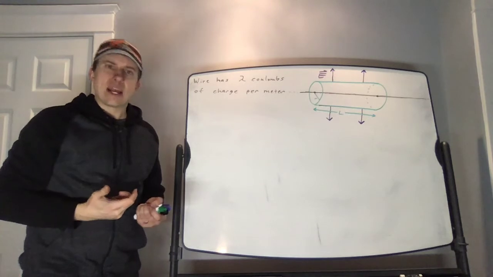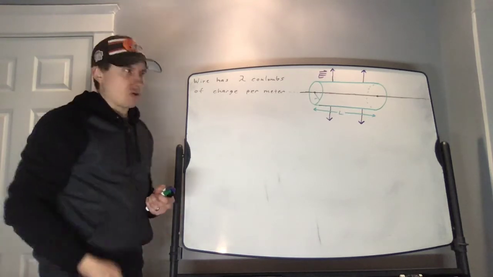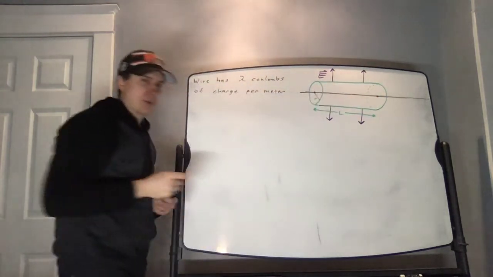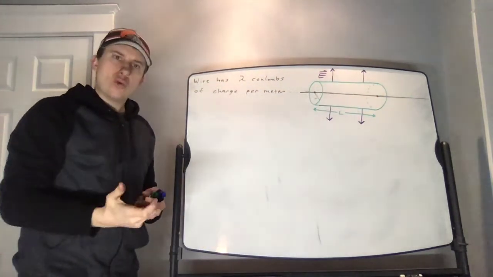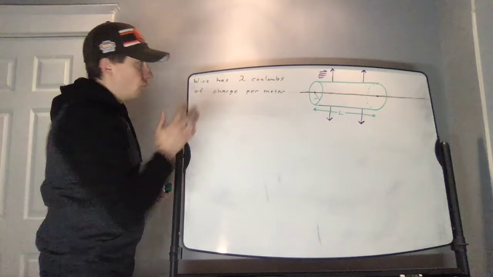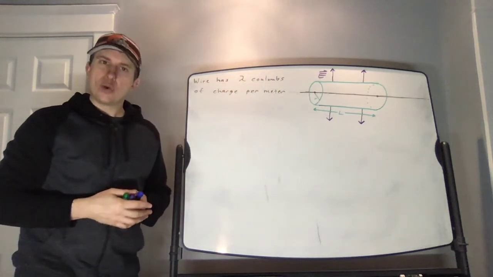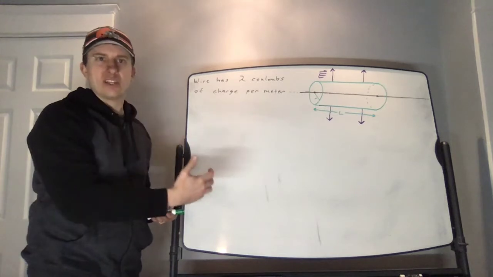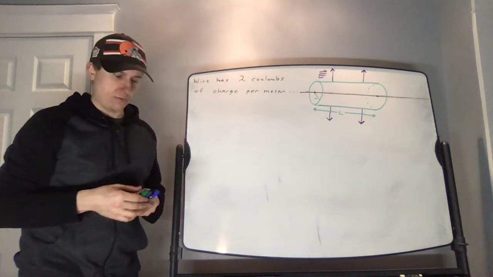Overall, this cylinder as a closed surface has three parts. We have a left cap, we have the side, and we have the right cap of the cylinder. So when we apply Gauss's law with this closed surface, we will need to account for the flux through each of these three parts of our closed surface.